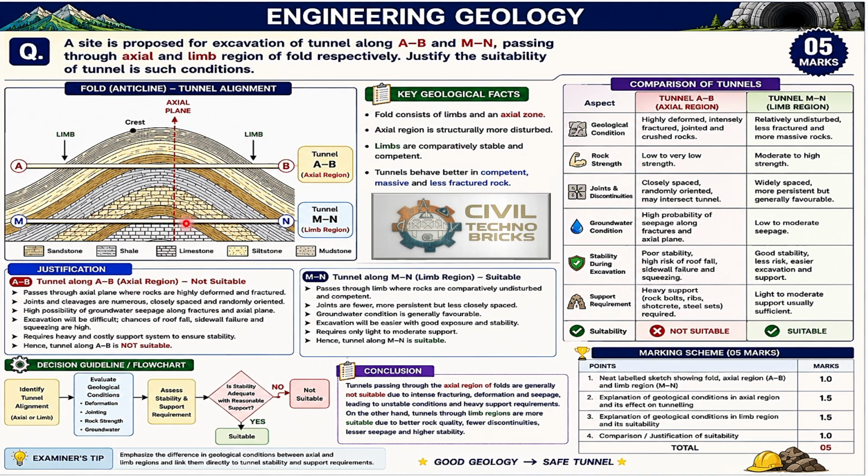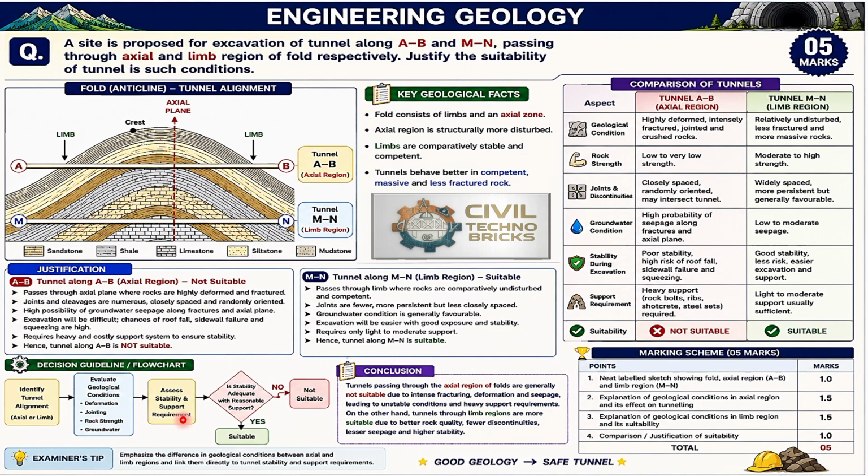For the purpose of construction, we have to follow a flowchart where we first identify the tunnel alignment, which is the criteria of suitability. After that, we evaluate the geological conditions by using geological subsurface exploration, where deformation, jointing, rock strength, groundwater availability, etc. are studied and noted.